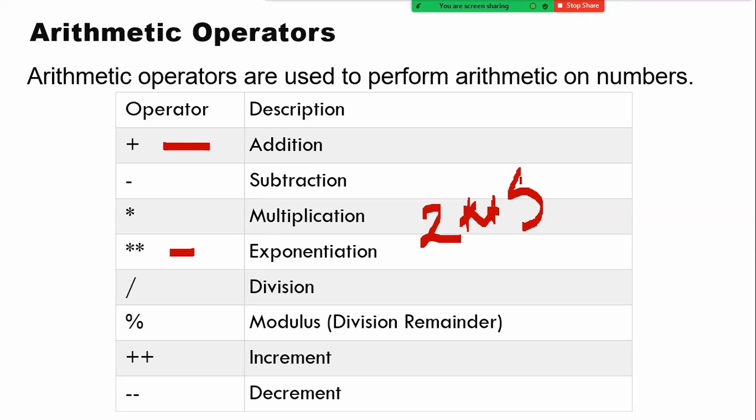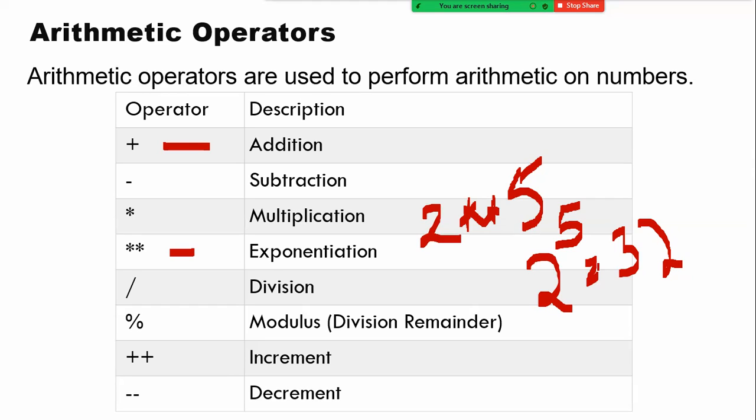So 2 double star 5 will be taken as 2 to the power of 5, where the value is 32. If you want to calculate 2 to the power of 5, you write 2 star star 5. That does the calculation of the exponential value, the power value.